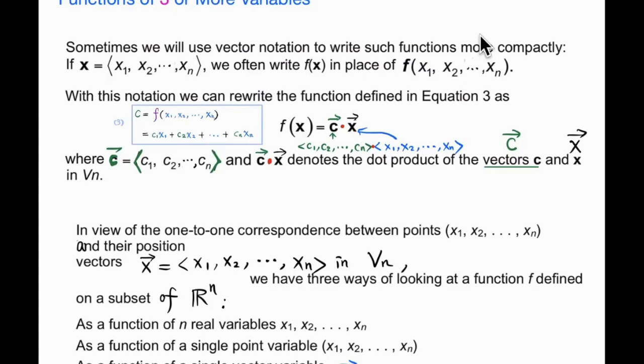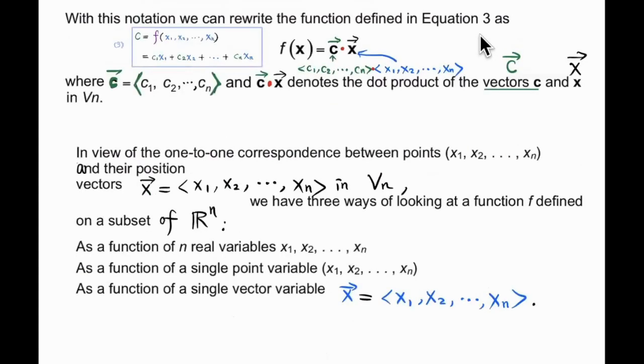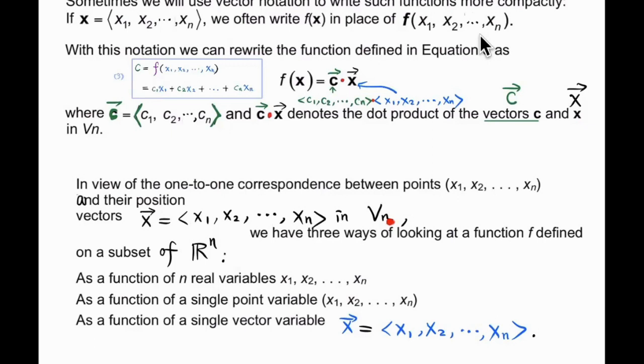This is a dot product of this vector and this vector. And you see this vector over here is a vector in Vn, the set of all vectors in n dimensions.